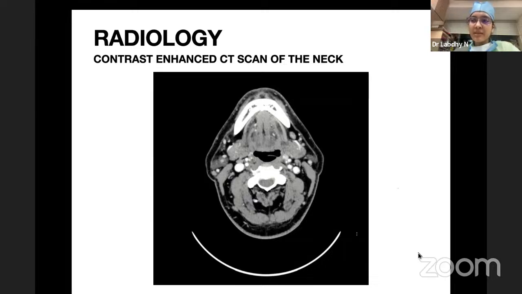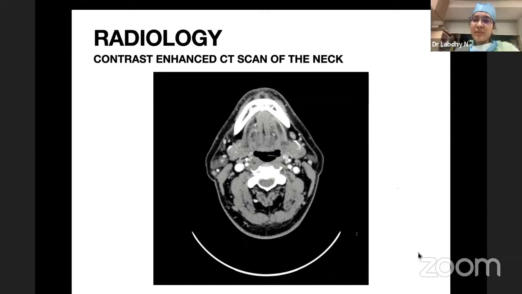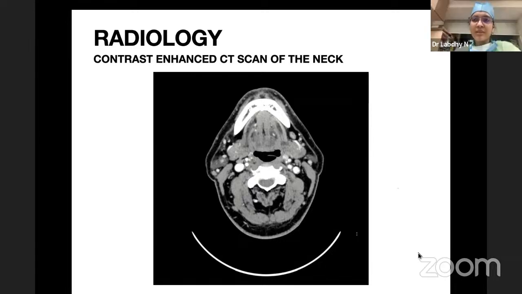The 8 mm is the length of the prosthesis, and the 17 French is the diameter. Why do you prefer these dimensions? The tracheoesophageal party wall is around 6 to 8 mm in our population, and it also accounts for some post-operative edema and post adjuvant treatment edema as well.